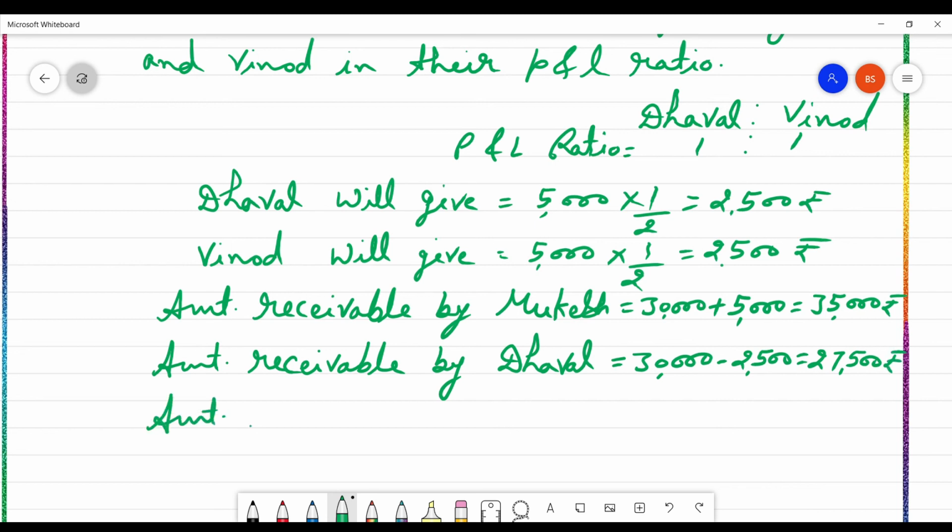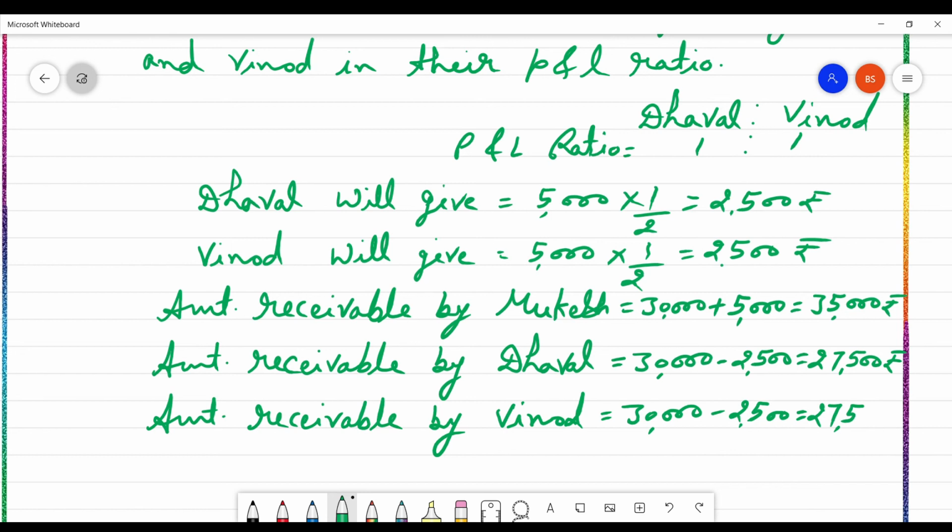Amount receivable by Vinod: Vinod gets 30,000 from the profit and he gives 2,500 to Mukesh. So he will get 27,500 rupees. This is the sum and it is completed.